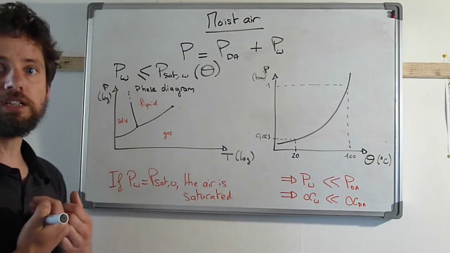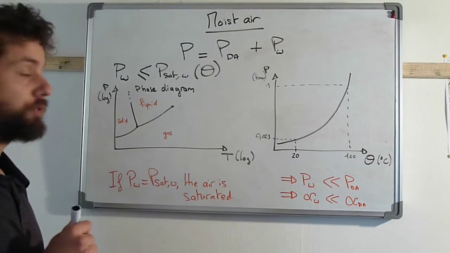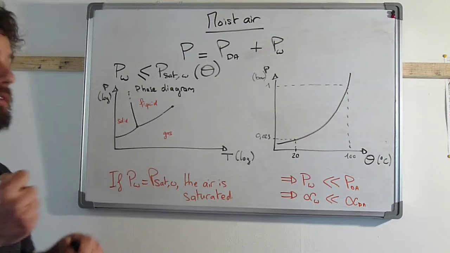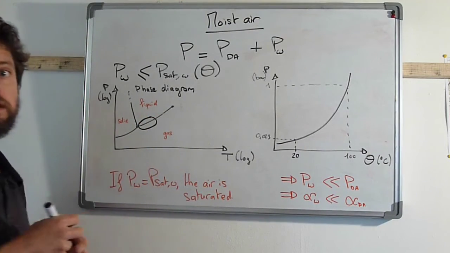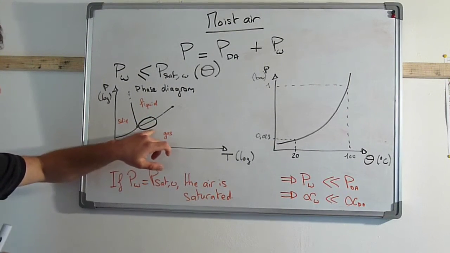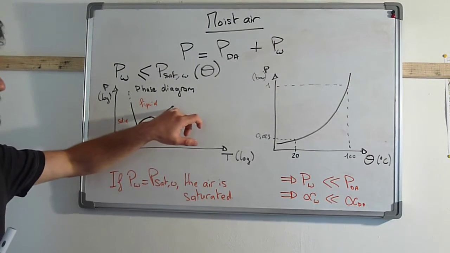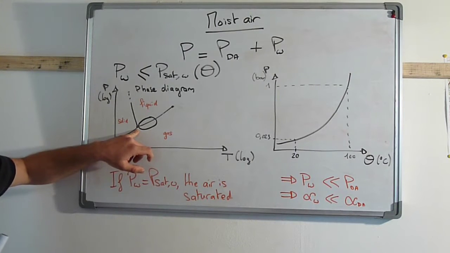And in the range of temperature at which we are, so between 0 and 40 degrees, this area is of interest. So this saturation condition between liquid and gas, so far from the critical point and from the triple point.